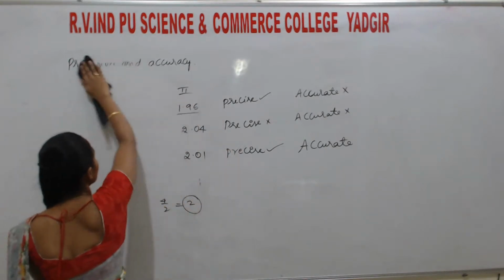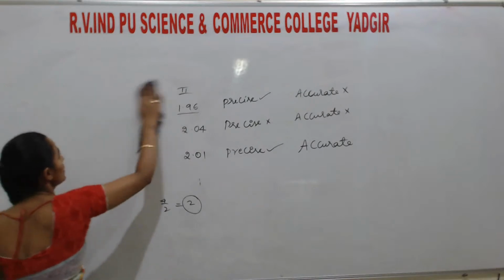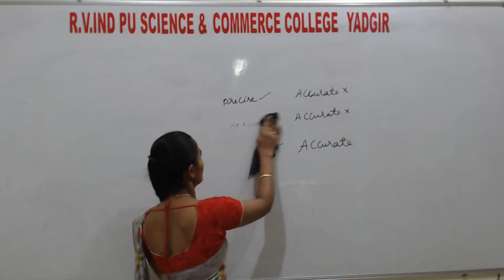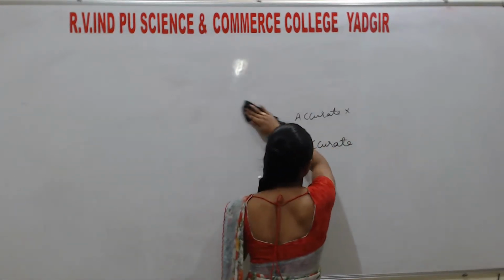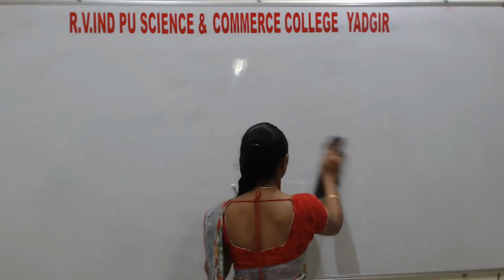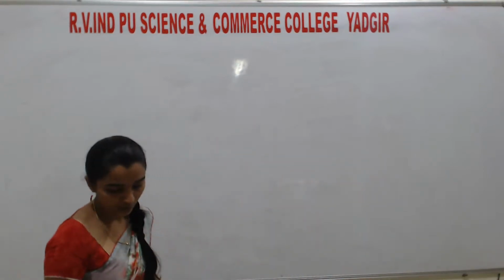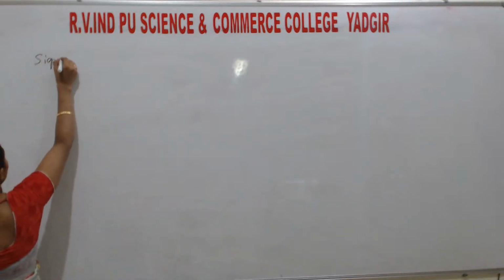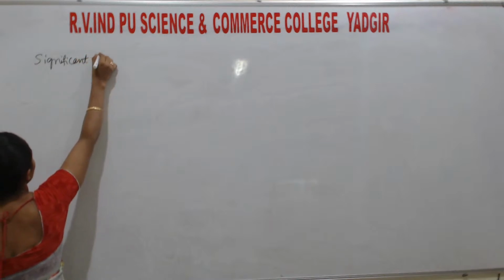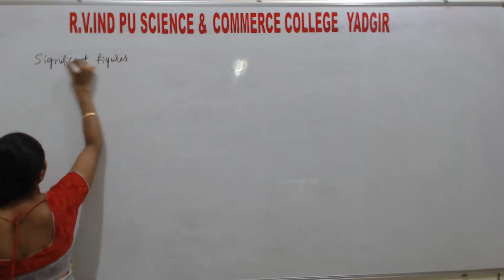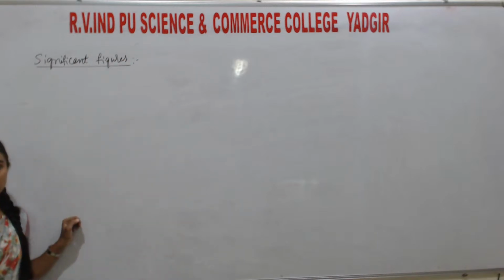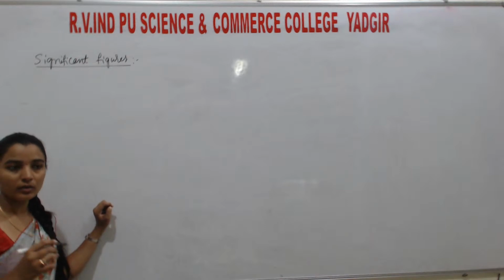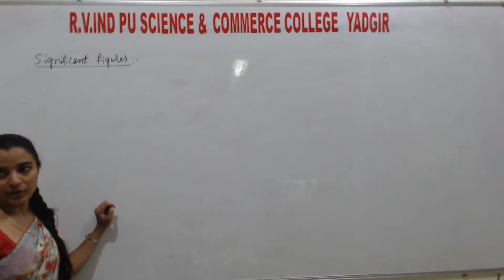This significant figure has some rules. First I will say the rules, then I will give examples. This is very important. They'll give some value like 2.005 and tell you to count how many significant figures are there.